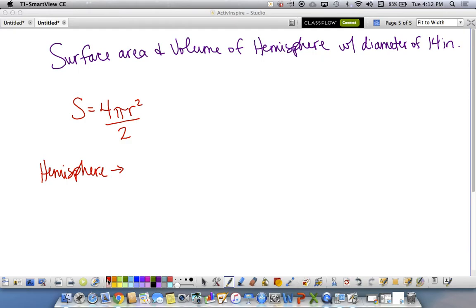So a hemisphere will be this 4 pi r squared divided by 2. So that would be the bottom half of the sphere. But then we need to add the area of the circle plus pi r squared. Okay, that's going to be the area of the circle on top.